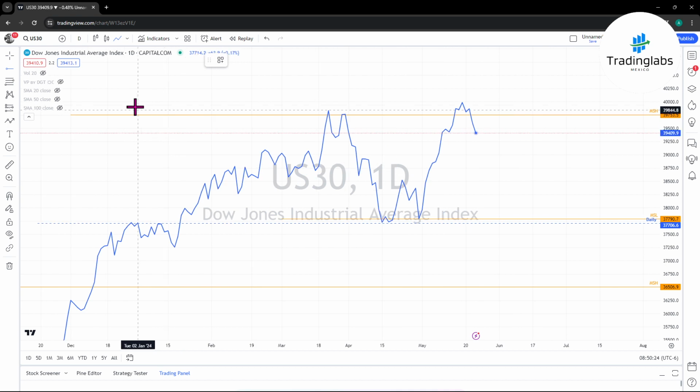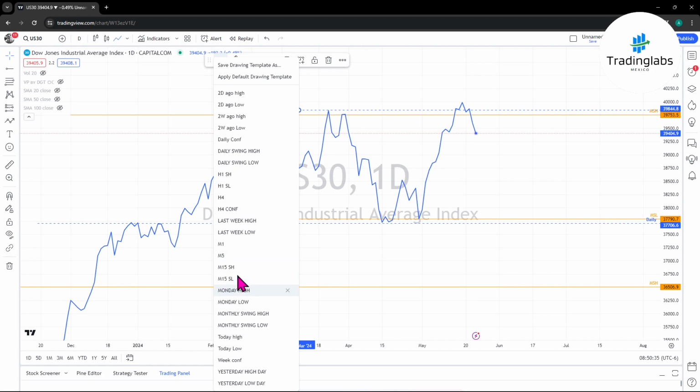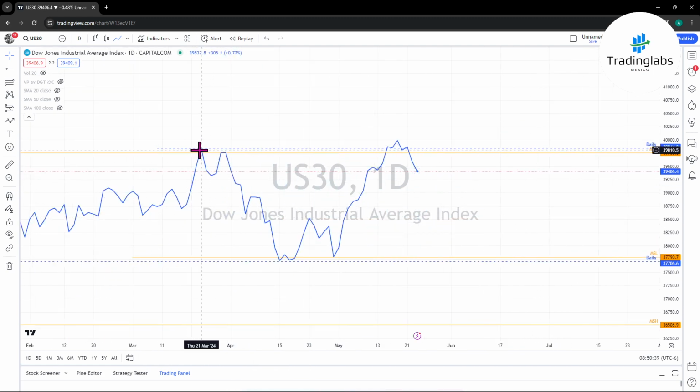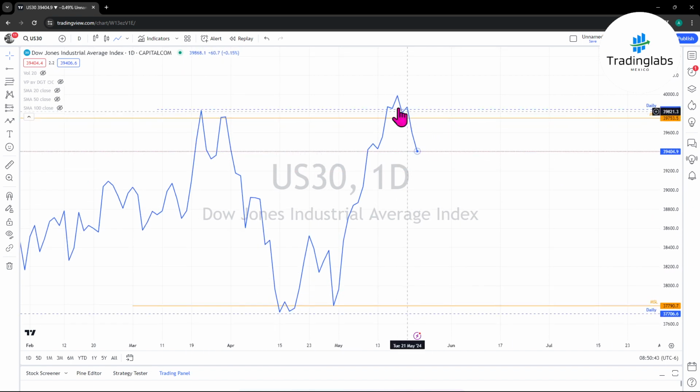Now we're going to find another key level on a daily. For example, here we have a daily. Here was the push-up, it was a resistance, and this one small peak made a support.